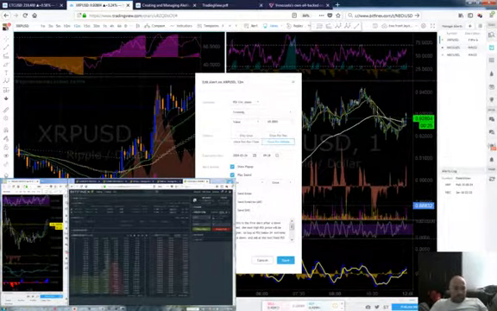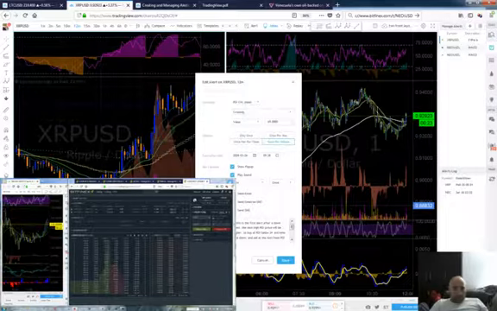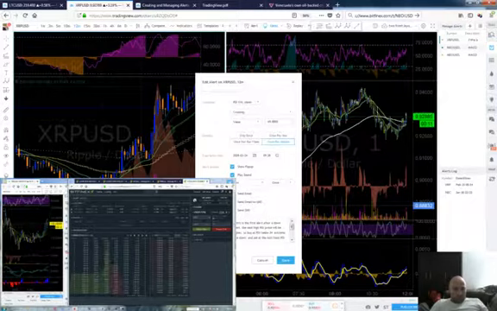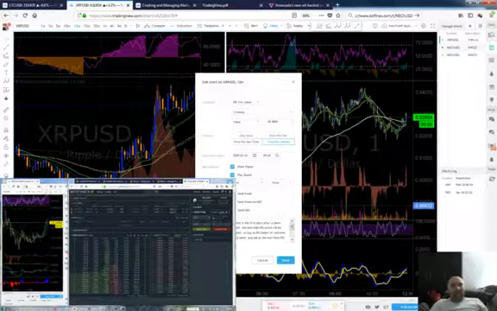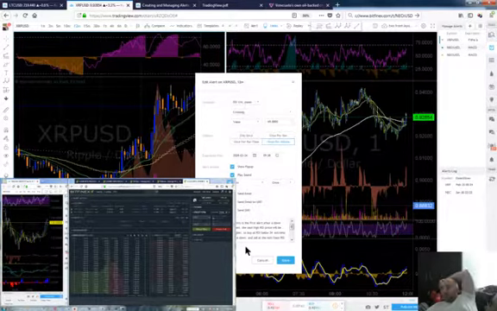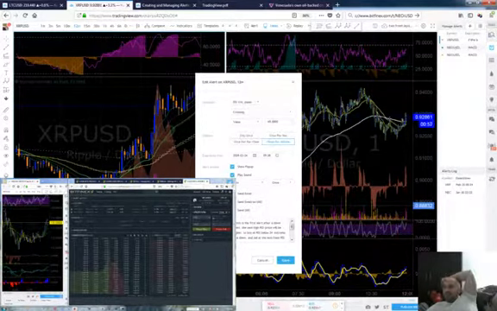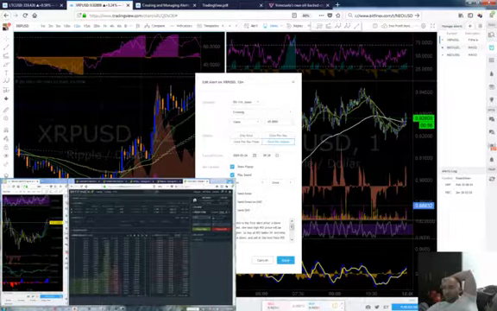Let me see. Messages to Telegram from their computer, and that's how they charge people $39 to do that messaging stuff.